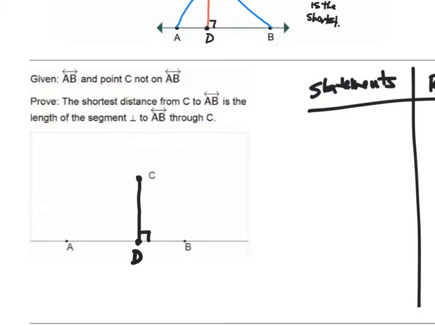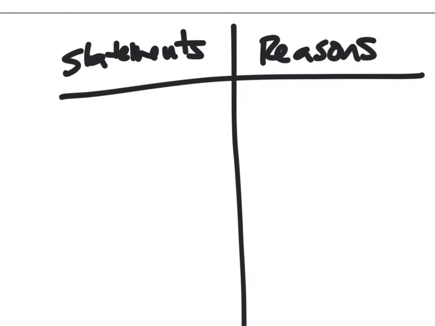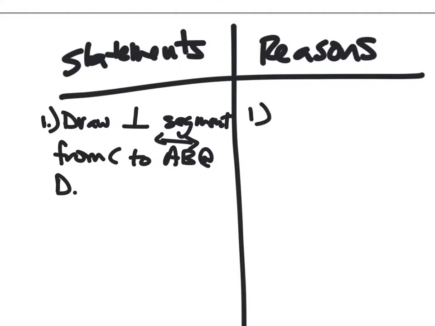So if we draw a perpendicular line segment, on my first statement, we're going to draw a perpendicular segment from C to AB at point D. What we call this is the unique line postulate.